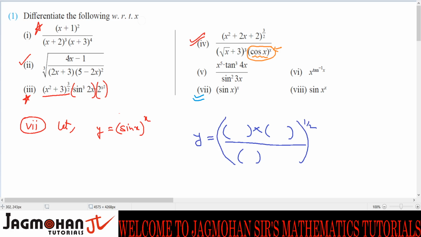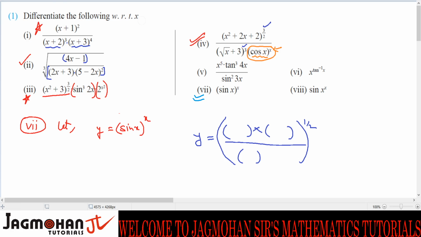Like earlier I said that if you have too many multiplications of expression, if you have numerator and denominator, if you have the powers, then for differentiating we take help of logarithm, we take log on both sides.